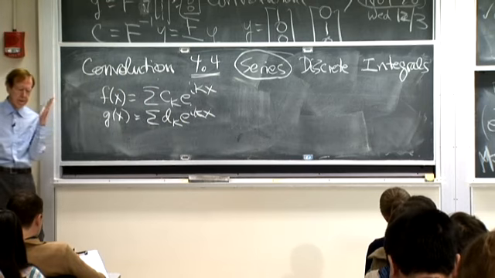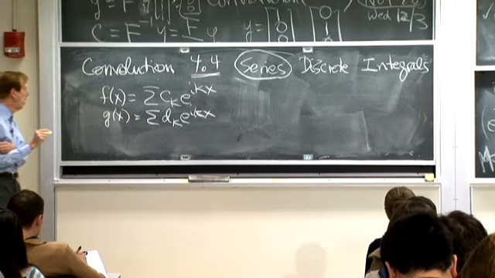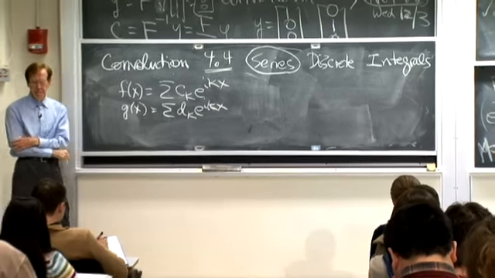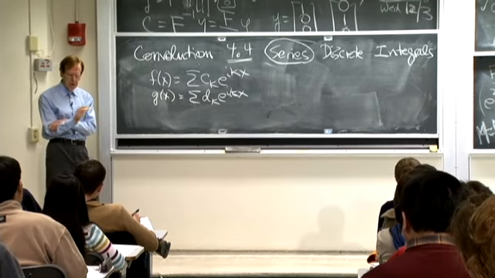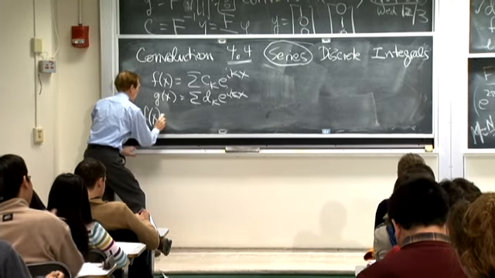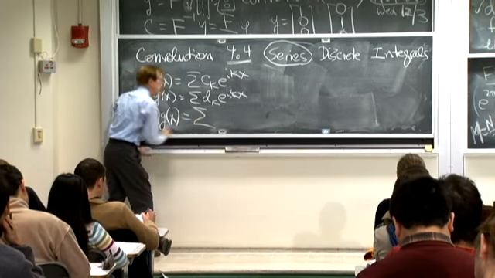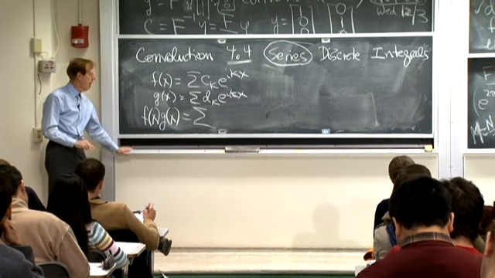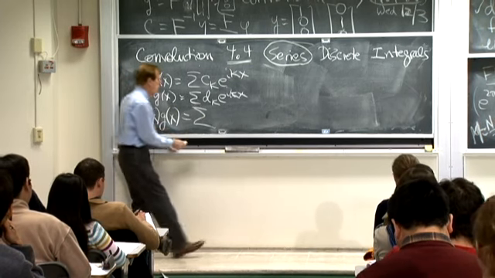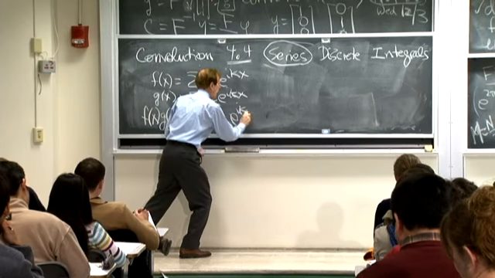And I'm going to ask you a simple question. What are the Fourier coefficients of f times g? If I multiply those functions, it equals something, and let me call those coefficients h_k e^(ikx).